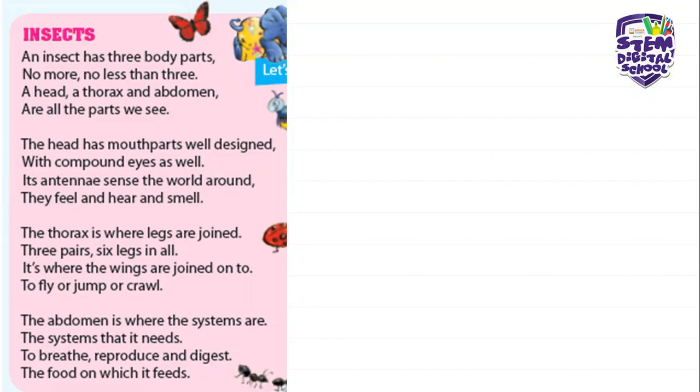The thorax is where the legs are joined, 3 pairs, 6 legs in all. It's where the wings are joined onto to fly or jump or crawl. The abdomen is where the systems are, the systems that it needs to breathe, reproduce, and digest the food on which it feeds.